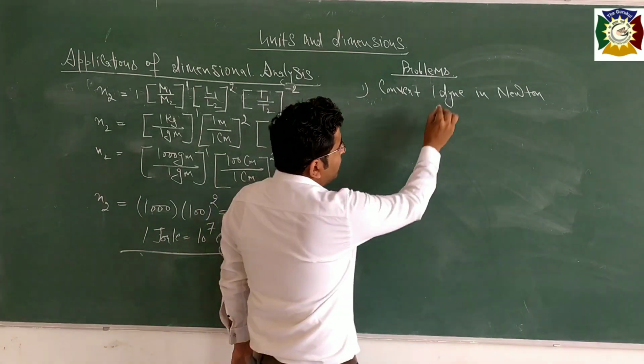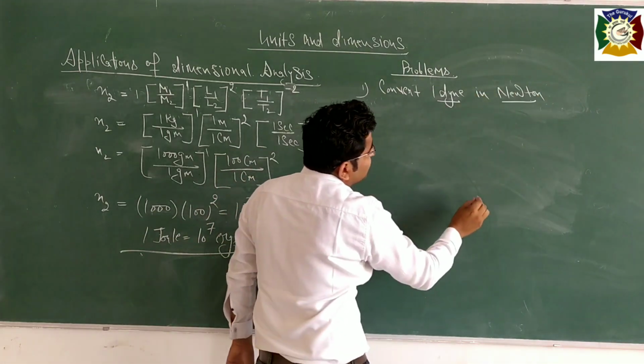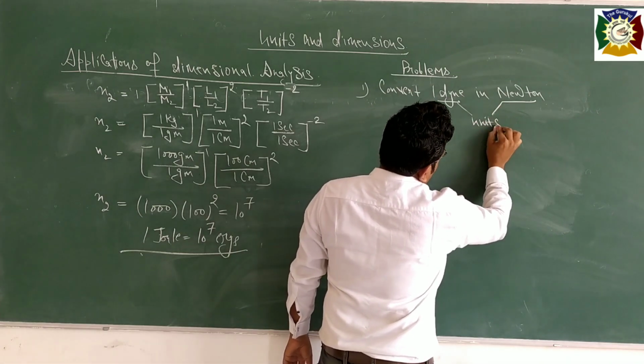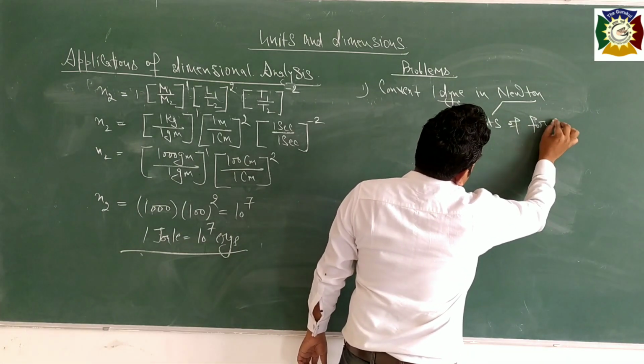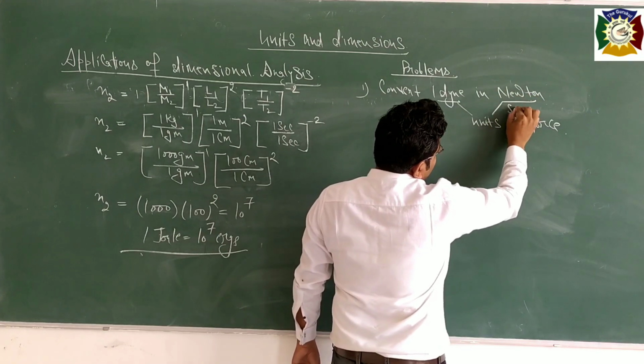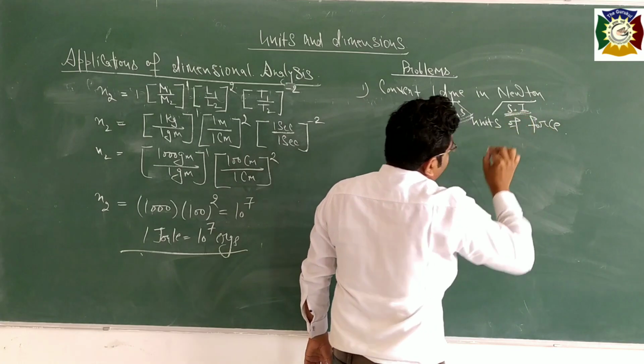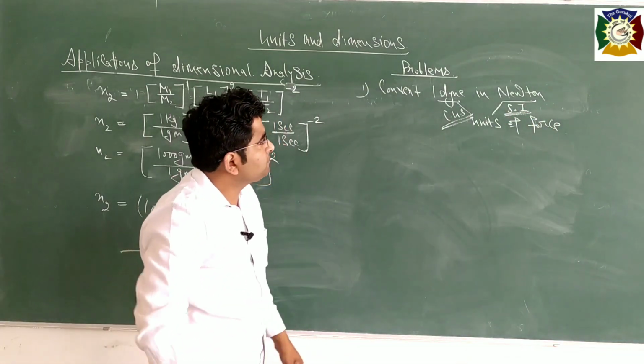Dyne and Newton, these are the units of force. This is SI, this is CGS. Clear? Okay.